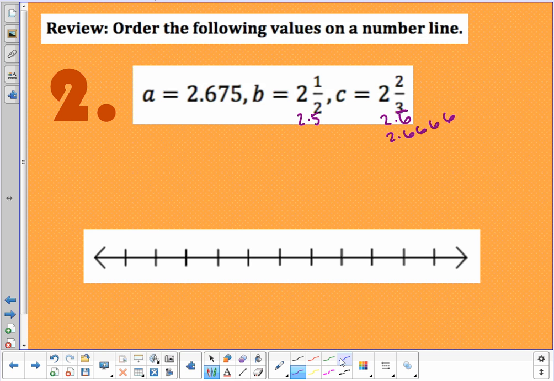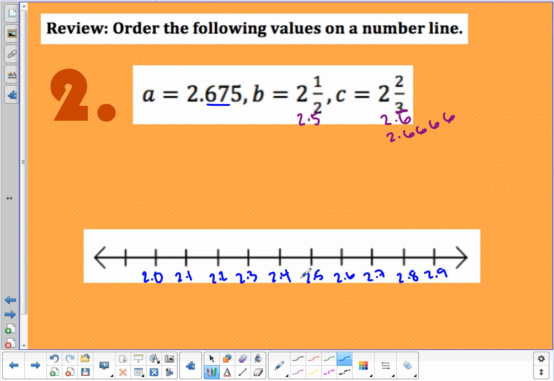I might start down here with 2.0, and then 2.1, 2.2, 2.3, 2.4, 2.5, 2.6, 2.7. That's enough to get what I need, because I'm really only going up to the 2.675.